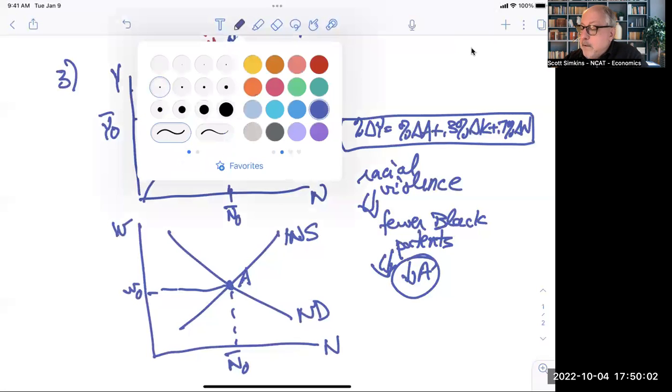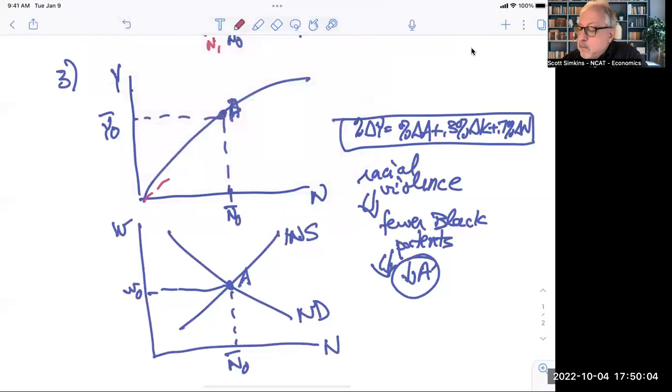What kind of impact does that have? Well, it's a downward shift in the production function. And if that happens, it also leads to a lower slope here. This is the slope here, or lower slope. The marginal product of labor goes down.